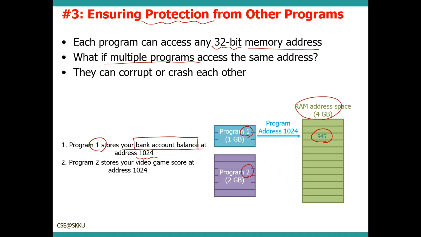If program 2 stores your video game score at the same address 1024, then the data is updated. So these multiple programs can corrupt or crash each other by accessing the data of another program. This is the protection problem.